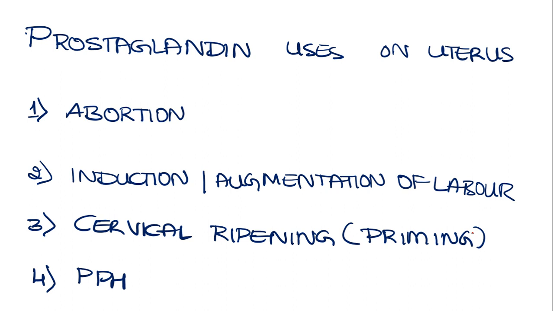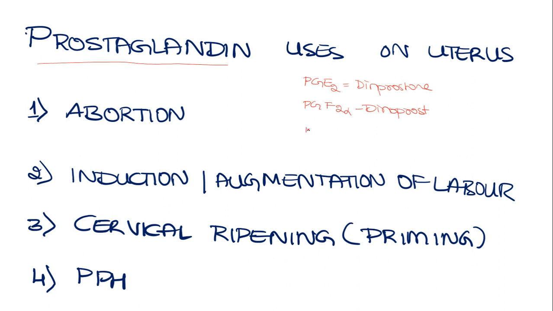Before going to this, we'll see which prostaglandins can be used for uses related to uterus. You can use prostaglandin E2, that is dinoprostone. You can use prostaglandin F2 alpha, which is dinoprost.